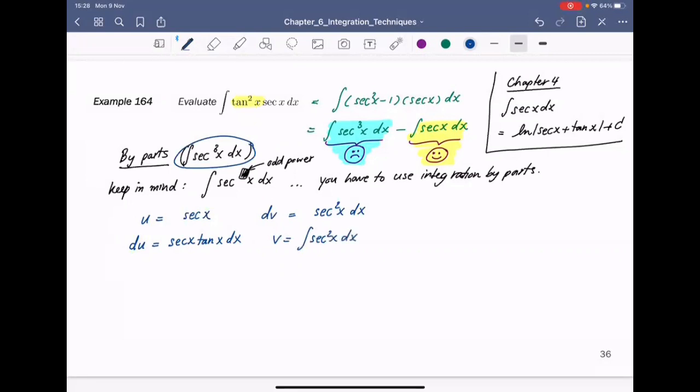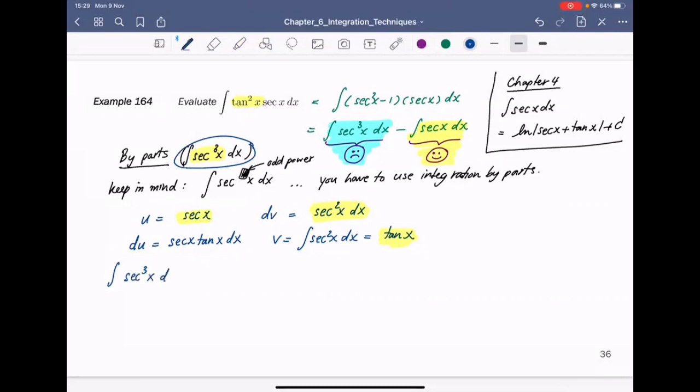The reason I do this is because I split secant cube into sec and sec square, since I know how to integrate sec square, and it has a good form, tangent. If you leave dv to be just sec x dx, you can integrate it as well, but you're going to get log sec plus tan, which is hard to deal with. So I'm just going to pick something like this, and integration by parts is going to give you something good.